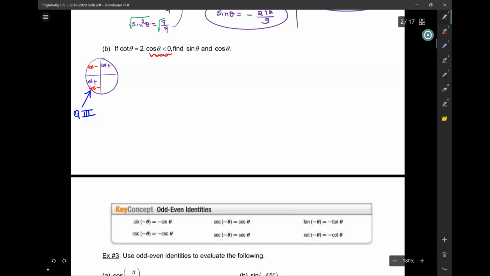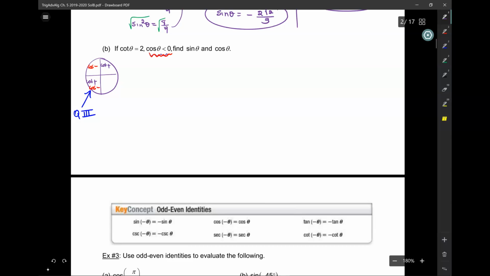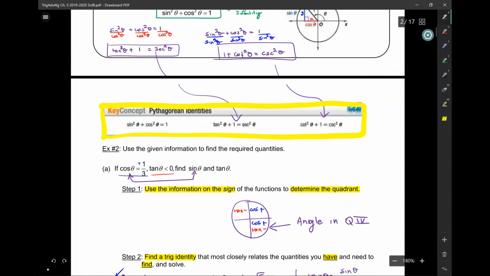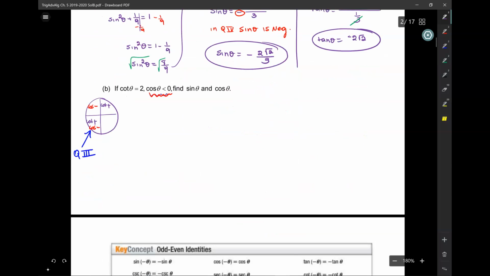So now, I have cotangent. I need sine or cosine. 99% chance this is going to go with one of the identities here. I have cotangent. Let's use the last one. Cotangent squared plus 1 equals cosecant squared theta.